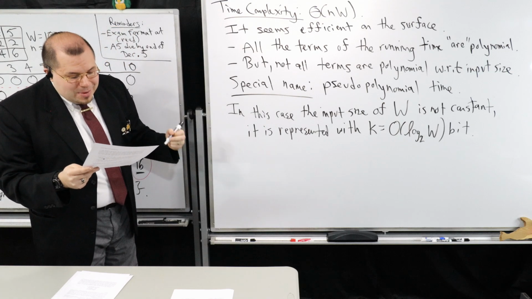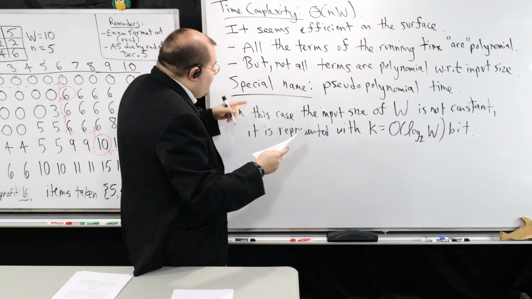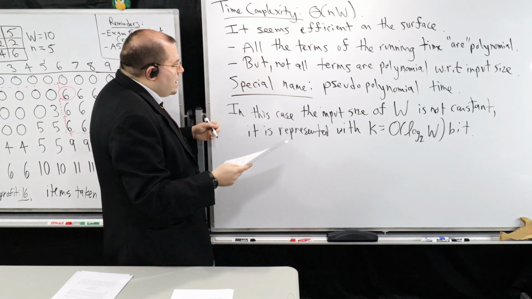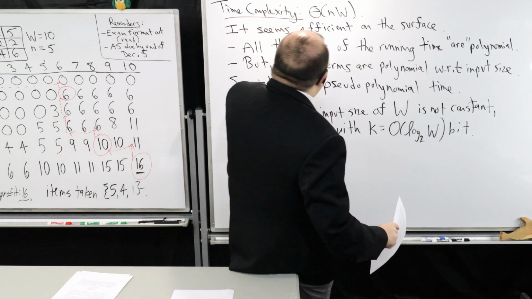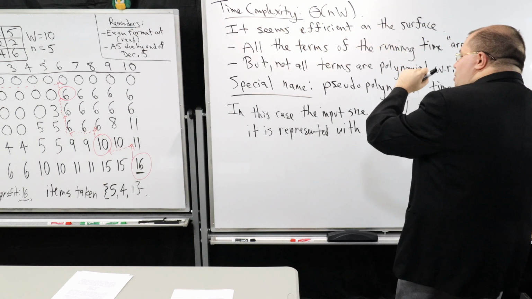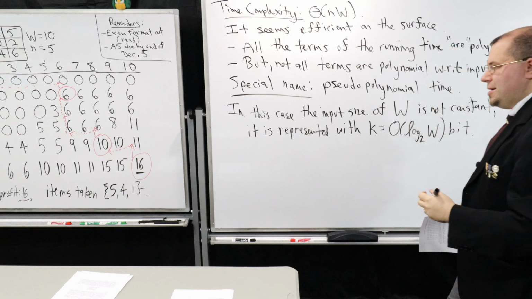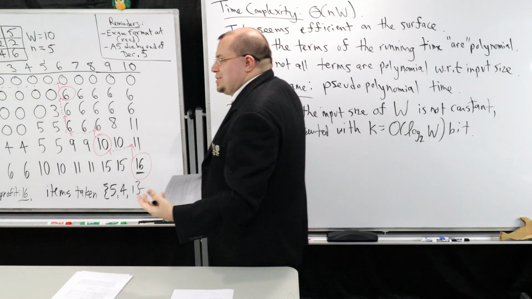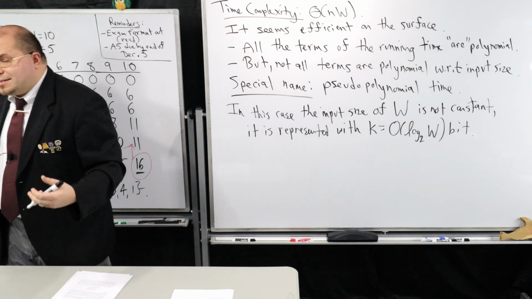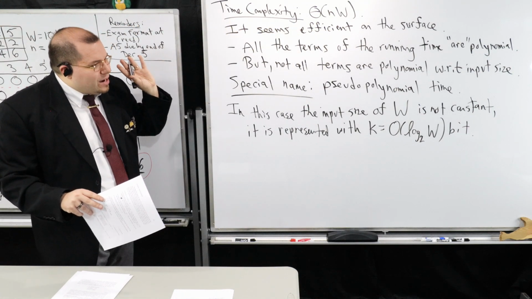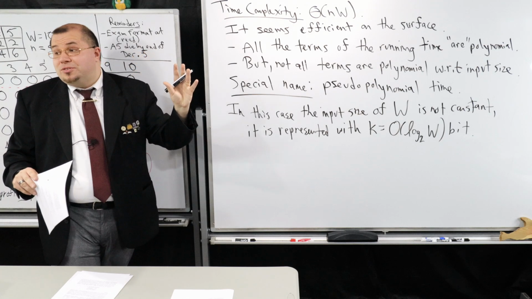So what do I mean by that? That means another way I can write out this running time is n times 2 to the power of k. Because remember, W is represented by some number of bits, and we don't care about what W exactly is, it's just how many bits we use to represent it.